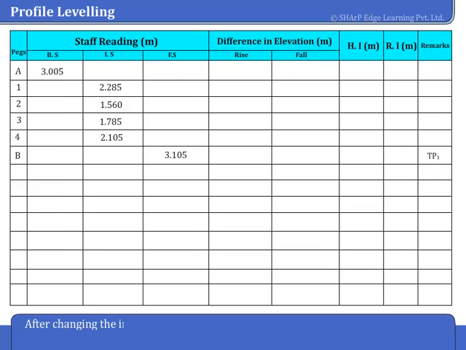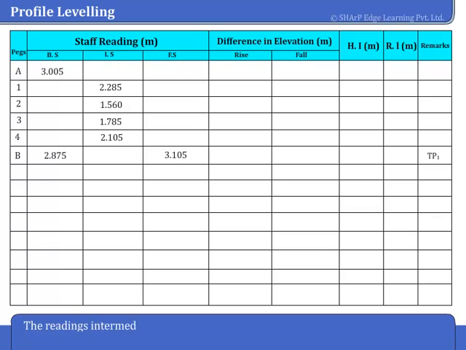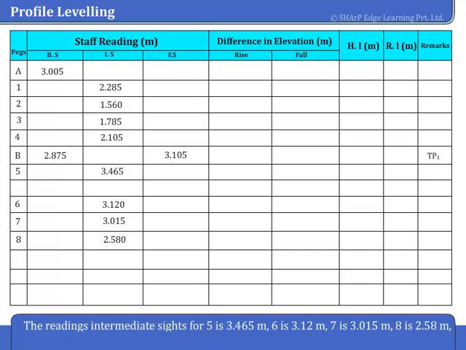After changing the instrument location, the backside at TP1 is entered in its row in the backside column. The readings of intermediate sides for 5 is 3.465 meters, 6 is 3.12 meters, 7 is 3.015 meters, 8 is 2.58 meters, and 9 is 1.955 meters are placed in the corresponding row.